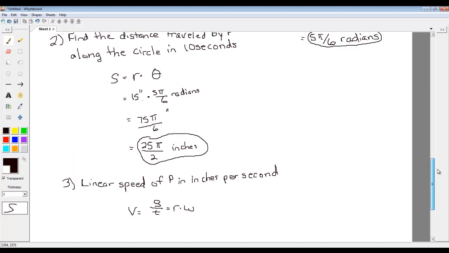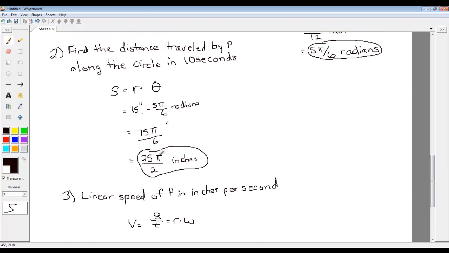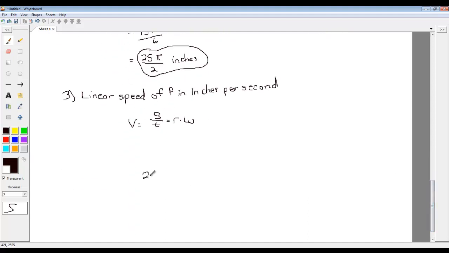So what do we have so far? We know S for 10 seconds. We're trying to do it per second. Well, it's moving 25 pi over 2 inches per 10 seconds, which you got in the previous problem.